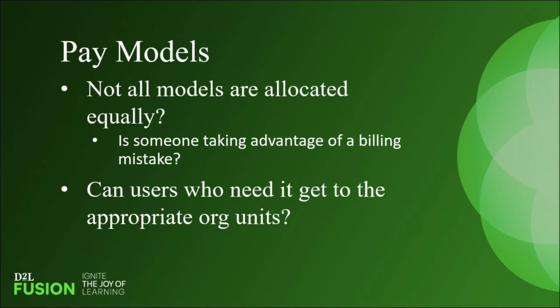And this could be a pay model that is really directly handled on the student end, where they're expected to be paying for some connection or access or something like that. Or is it something where a department has taken on billing for some special tool that they want access to, but to restrict access to that tool, they need to be the only people who can get to it.